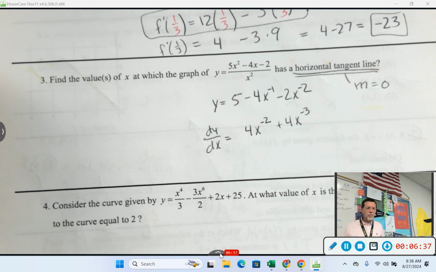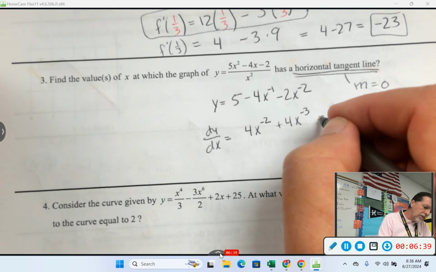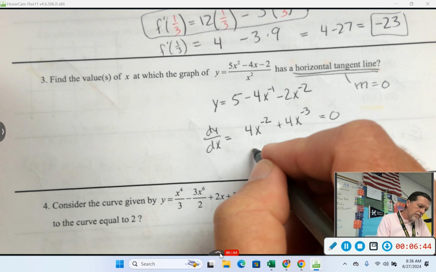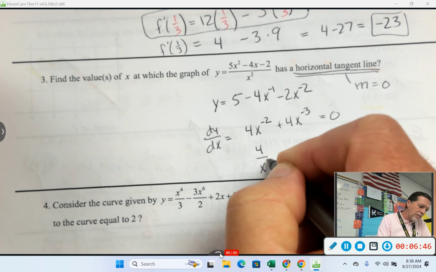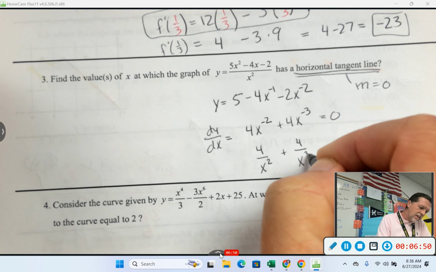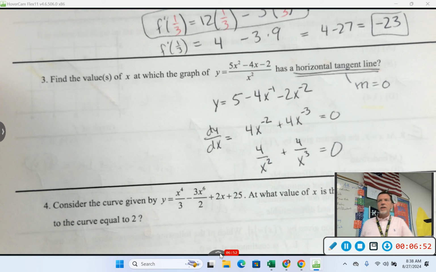That would be the slope, and I want that to equal 0. Let's write this as fractions. That might be a better option there.